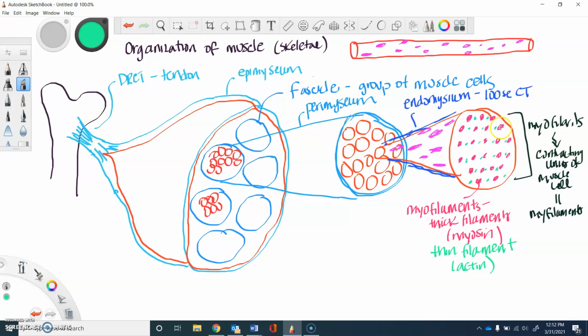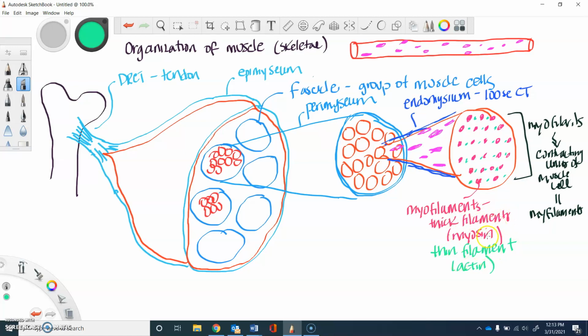The muscle cell itself is made up of myofibrils. Myofibrils are the contracting units of the muscle cell, and they come in two flavors, thick filaments and thin filaments. These are the myofilaments of the muscle, and they are separated into thick filaments and thin filaments.